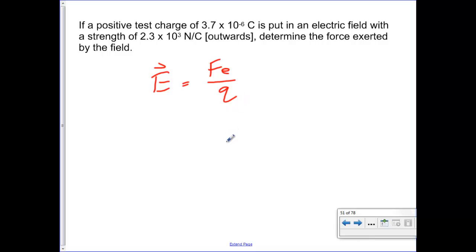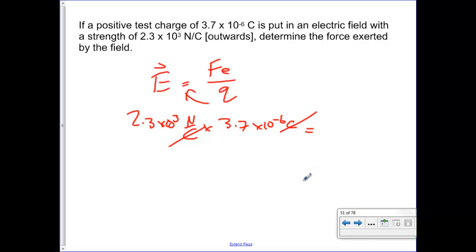We're looking for force, so we need to multiply up the Q. The field is 2.3 times 10 to the 3 newtons per coulomb, and the charge of the actual test charge is 3.7 times 10 to the minus 6 coulombs. What's going to happen with your units? Hopefully you can see they're going to cancel, right?